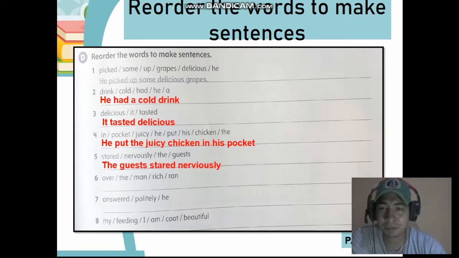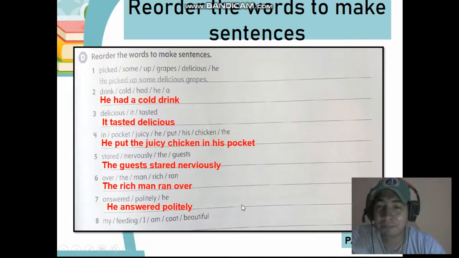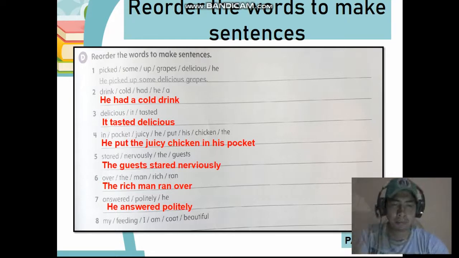Number six. The rich man ran over. Very good. Number seven. That is correct. He answered politely.